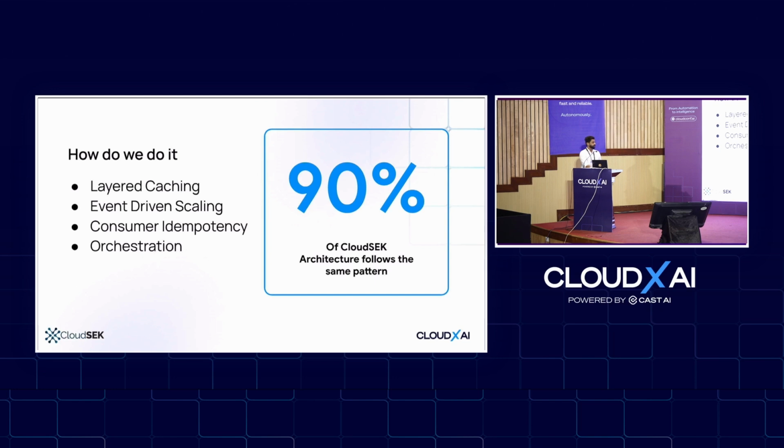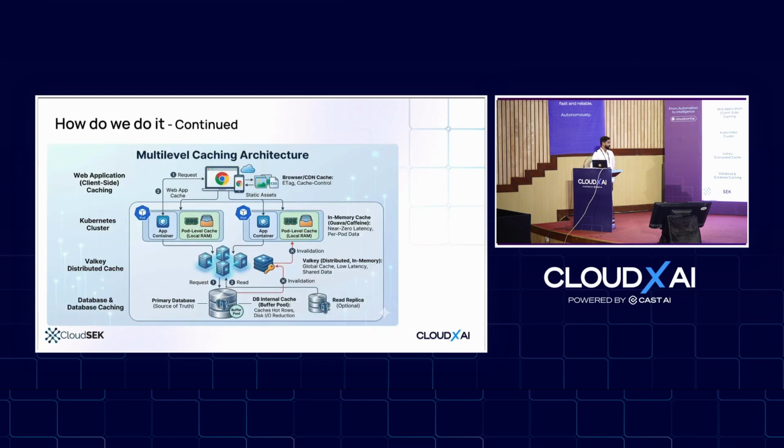90% of CloudSEK follows the same architecture. This is what I mean by layered architecture. Aparna was mentioning databases and their high availability, and that's what we are also doing, where we have a primary database and its replica. Upon that, we have Valkey. Valkey is like Redis, an in-memory cache, so that's why it's very fast.